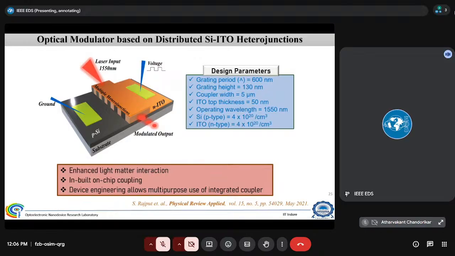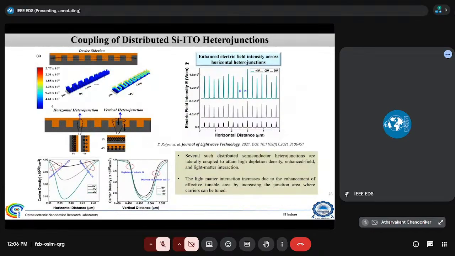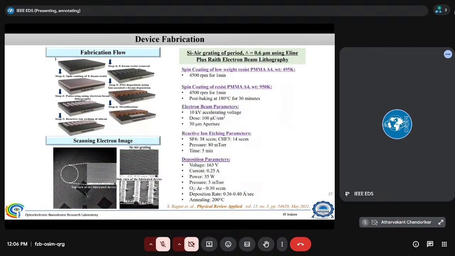So it is acting as an input coupler, output coupler, as well as it is enhancing the light matter interaction because of this P-type silicon and N-type ITO, these distributed heterojunctions which are distributed along the length. So we did some simulation, tried to understand what is happening, especially when it comes to light matter interaction, and then we fabricated it in our lab.